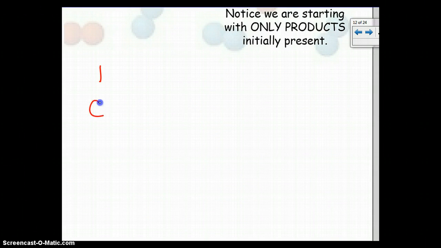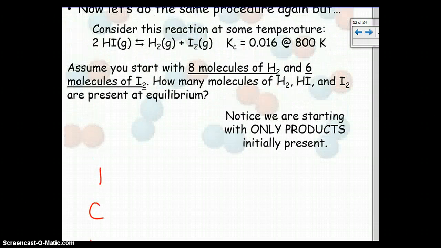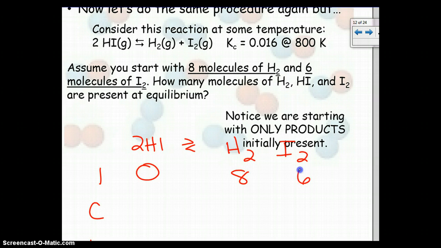So we got ICE. Our initial values were 0 for the 2HI, and then for H2, we had 8, and for I2, we had 6. We know that we have no reactants at this point, so we're going to have to gain them.